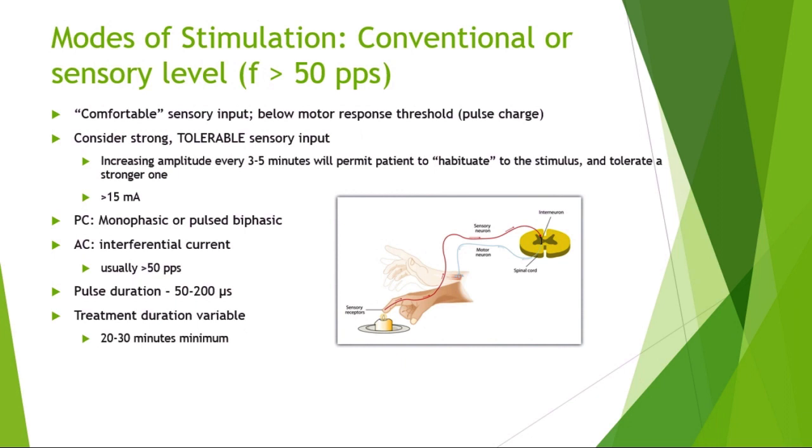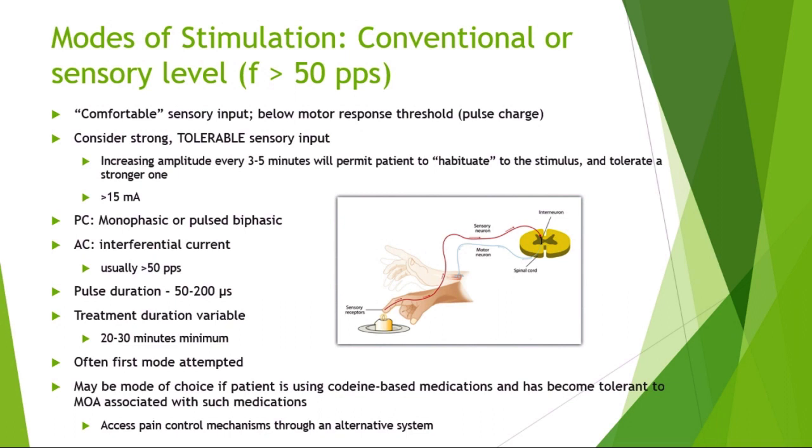Treatment duration is variable, but minimum between 20 and 30 minutes. Often, conventional or sensory level is the first mode attempted. It might be the mode of choice if the patient is using codeine-based or opioid-based medications and has become tolerant to the method of application associated with such medications.